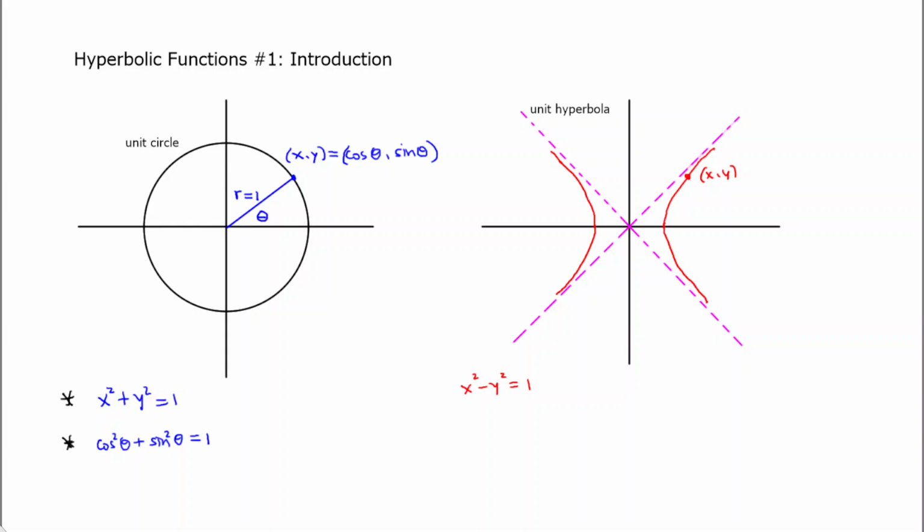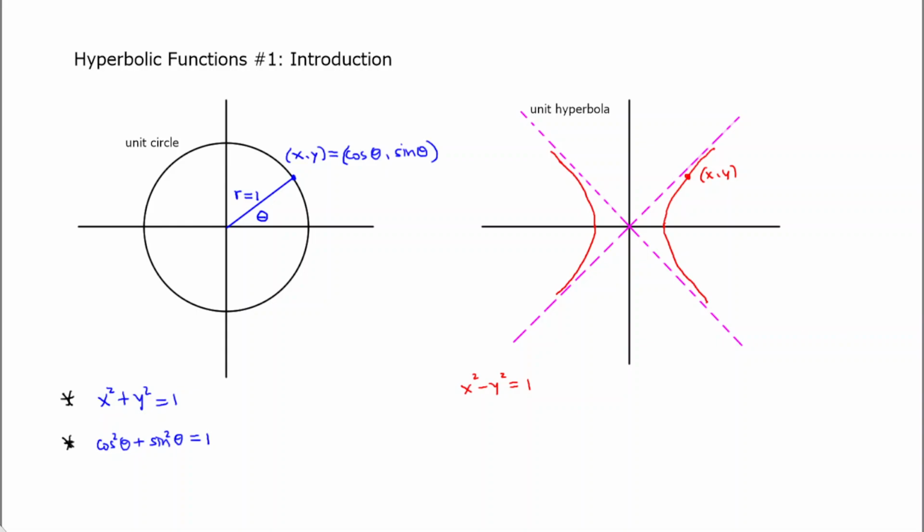So a reasonable question could be, is there some way that we could parameterize the unit hyperbola, like x in terms of some variable, y in terms of the same variable, different functions, so that we get, you might say, an identity, such as we do for the so-called circular functions, the normal trig functions. Turns out that we can do that.